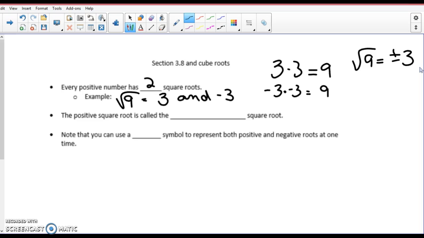But the positive square root is called the principal root. And generally, unless we are solving, you will just say that the square root of 9 is 3. Note that the symbol plus and minus will denote both roots, positive and negative.